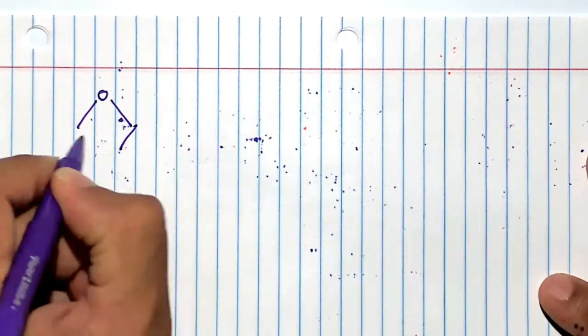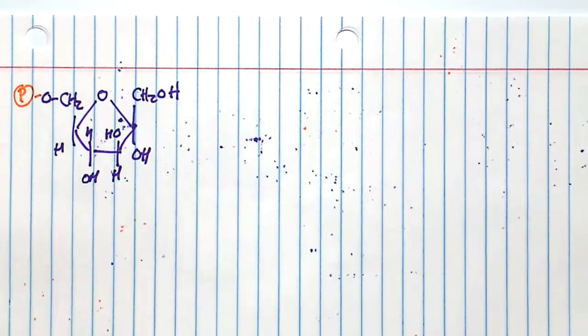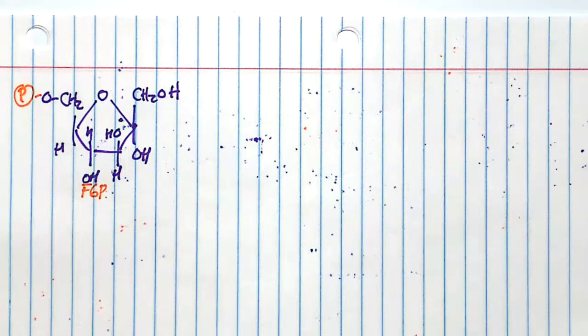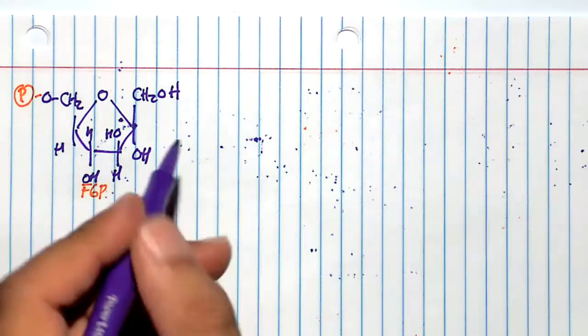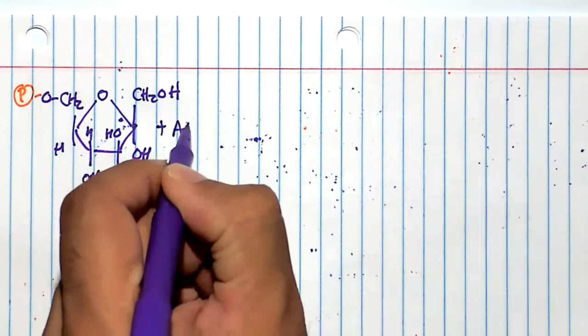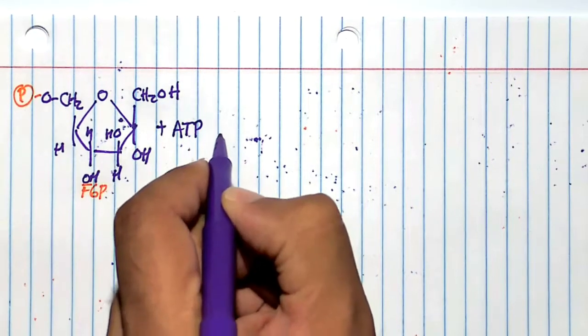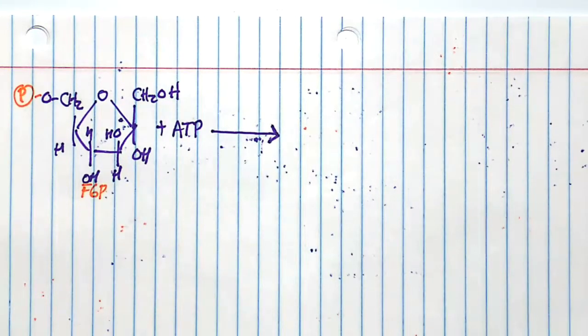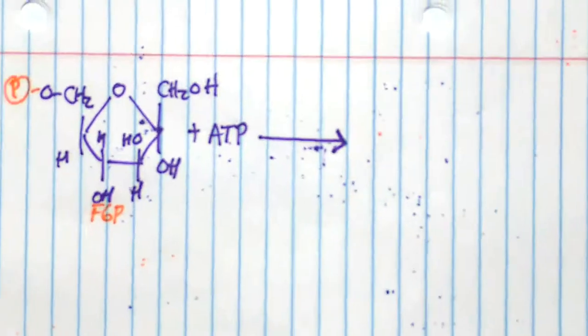So here's our fructose 6-phosphate. Once again, that is fructose 6-phosphate. We will utilize one ATP molecule here, a second ATP molecule. Notice the direction of the arrows. The arrow is going in one direction.